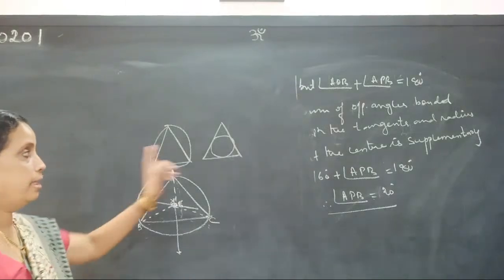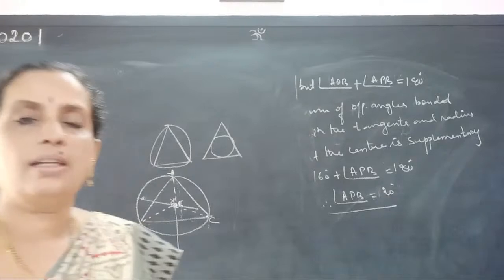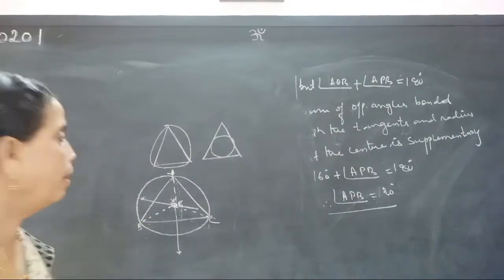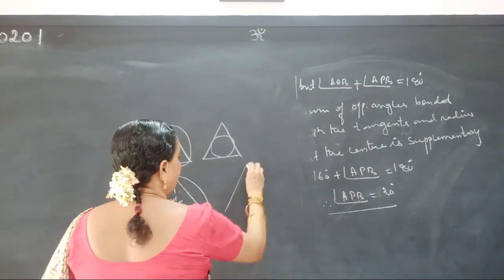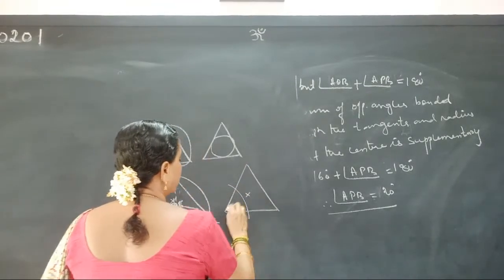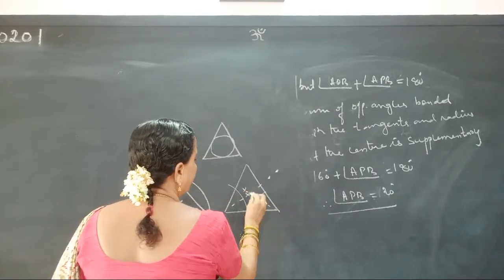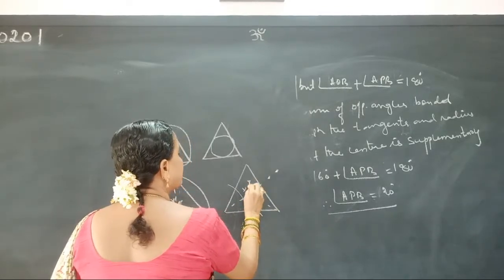Now any guess for the incircle? For the incircle, how will you get it? By constructing angle bisectors to any two of its angles. This point is called the incenter.